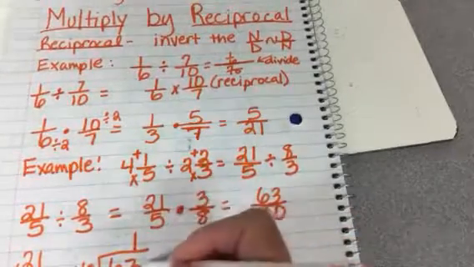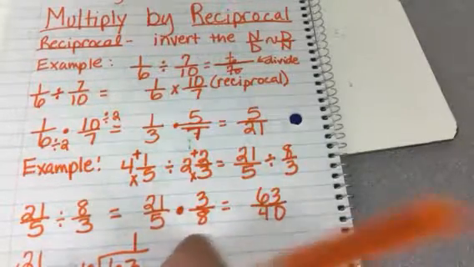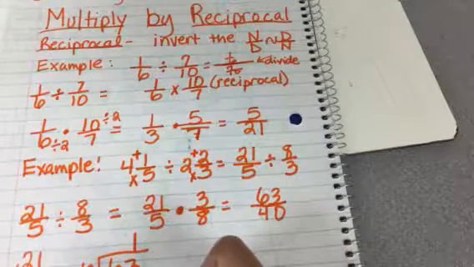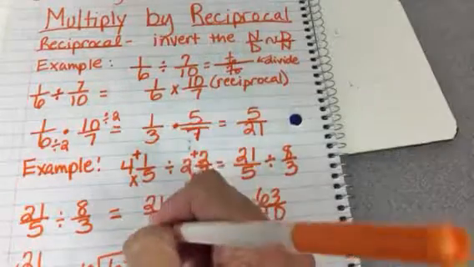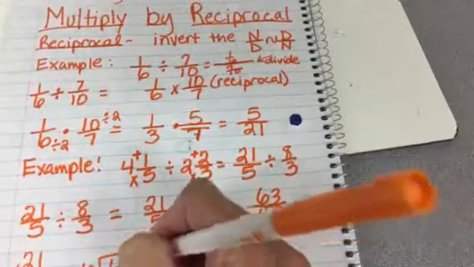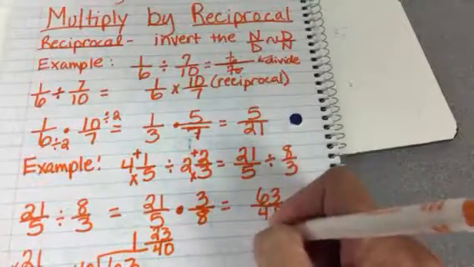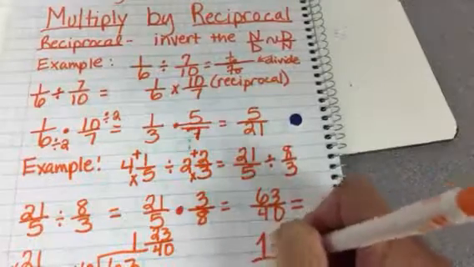I'm going to subtract. 3 minus 0 is 3. 6 minus 4 is 2. And so my remainder becomes my top number, or my numerator, 23, and the denominator will stay the same. So this is going to be equal to 1 and 23/40.